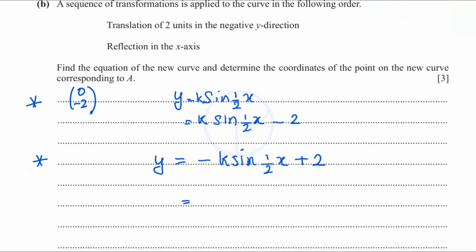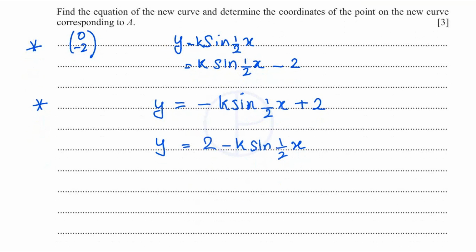Let's rewrite this as 2 minus k sine 1 over 2x. So this is the equation of the new curve, transformed curve.